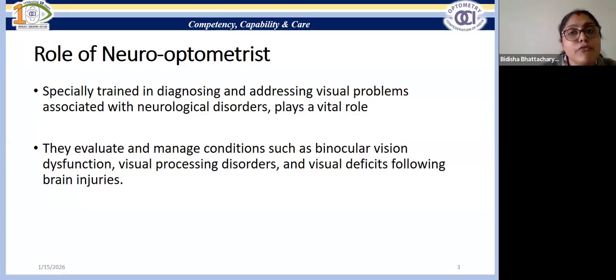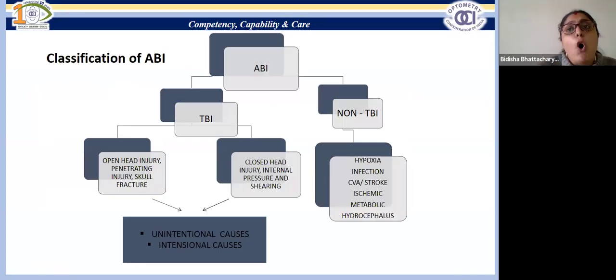Apart from that, vision therapy, which is a combination of accommodative and vergence work along with hand-eye coordination, is highly recommended to address sensory-motor and visual processing integration deficits. Neuro-optometrists mainly deal with acquired brain injury patients.